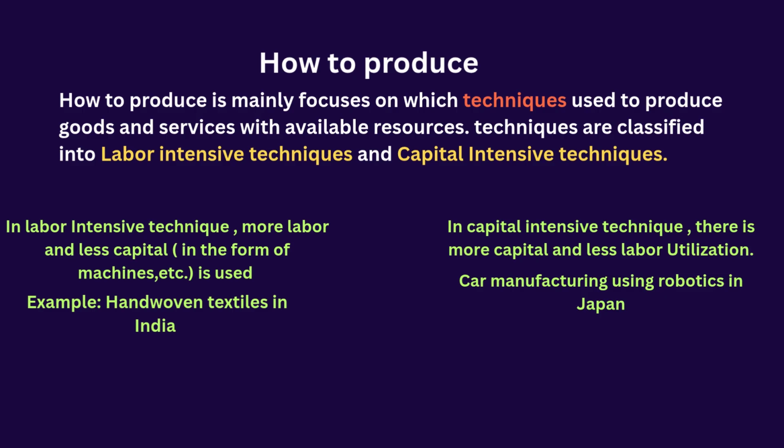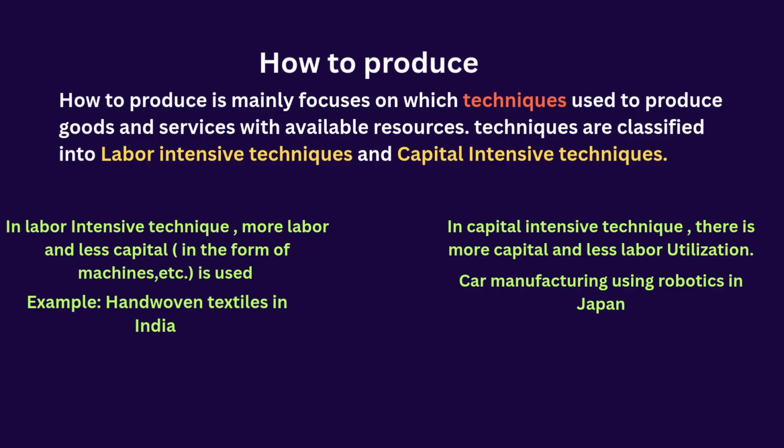For example, handloom textile in India, right? They are using handwork. A lot of textiles here in India are handwork, because they also get some salary instead of importing a machine. So in India, we are mostly going for labor intensive technique.